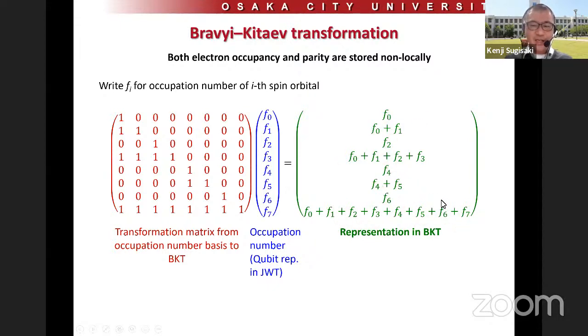If we apply this Bravyi-Kitaev transformation, the number of Pauli operators in the Pauli string becomes order log n. So the number of Pauli operators decreases by applying the Bravyi-Kitaev transformation instead of Jordan-Wigner.